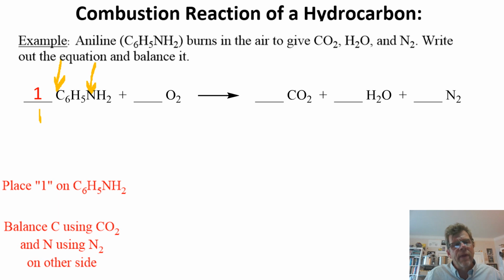Carbon, if I put a 1 there, that's 6 carbons. So here on carbon dioxide, which is the carbon-containing component, I need 6 atoms of carbon. So I put a 6 there. But also the nitrogen-containing component. If I put a 1 in front of that hydrocarbon, that means I have 1 nitrogen atom. So there better be 1 nitrogen atom on the other side.